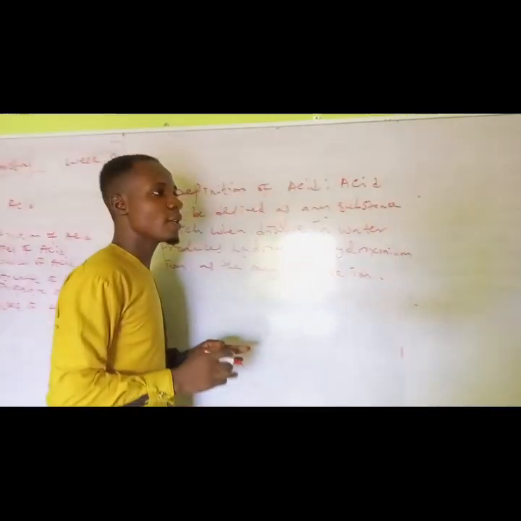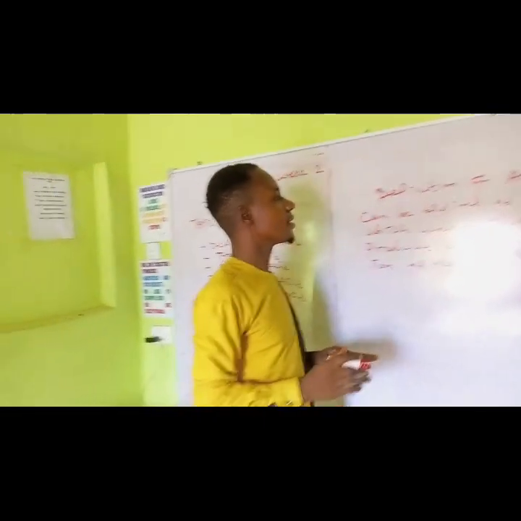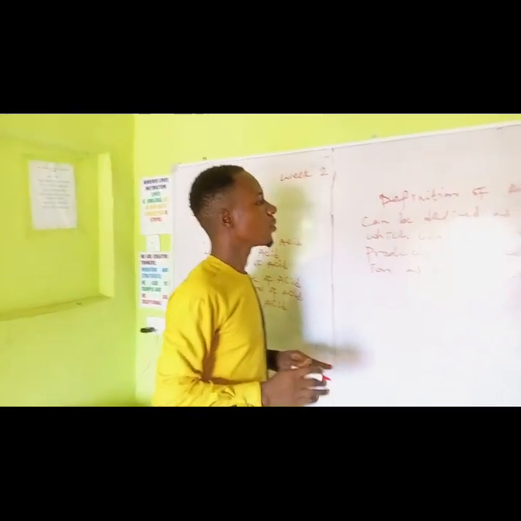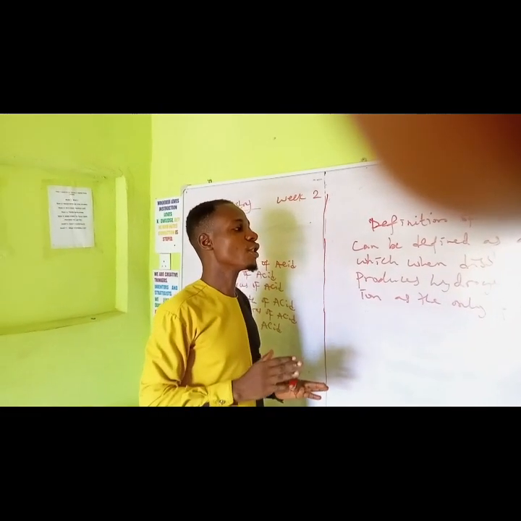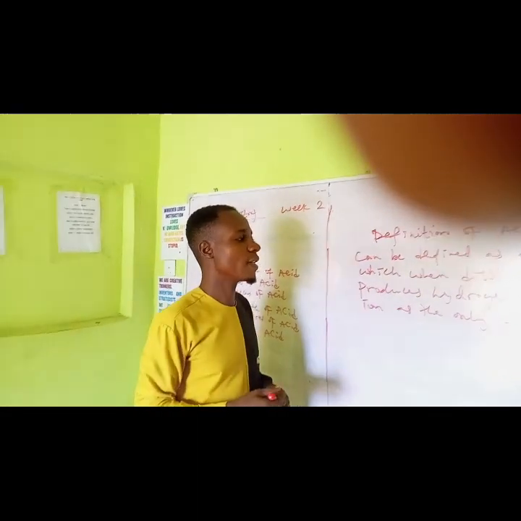That's very simple. So when you are asked to define an acid, it is any substance which, when dissolved in water, produces hydrogen or hydronium ion as the only positive ion.